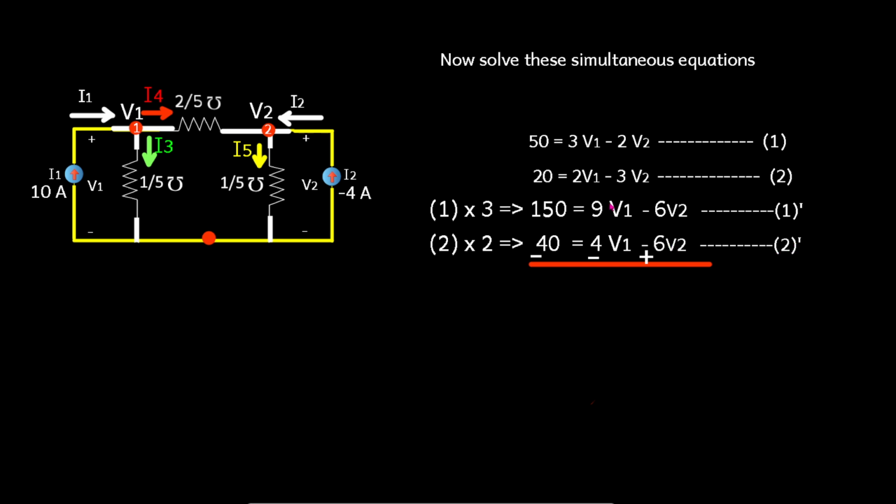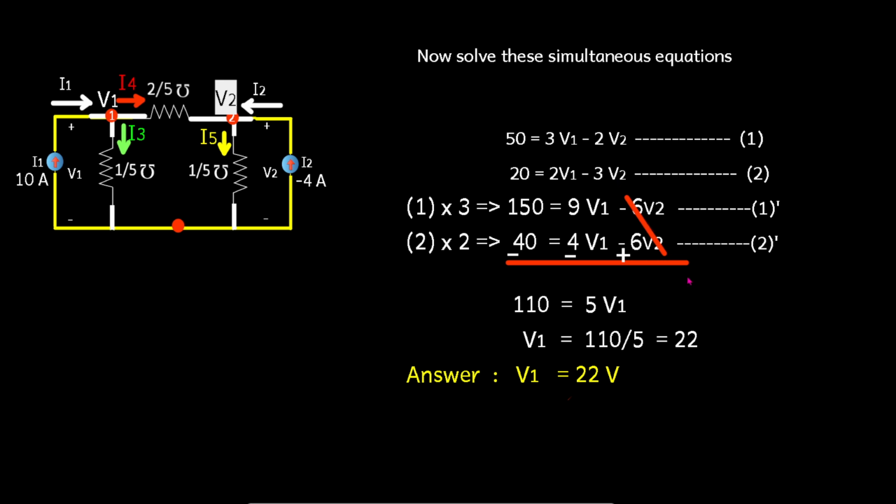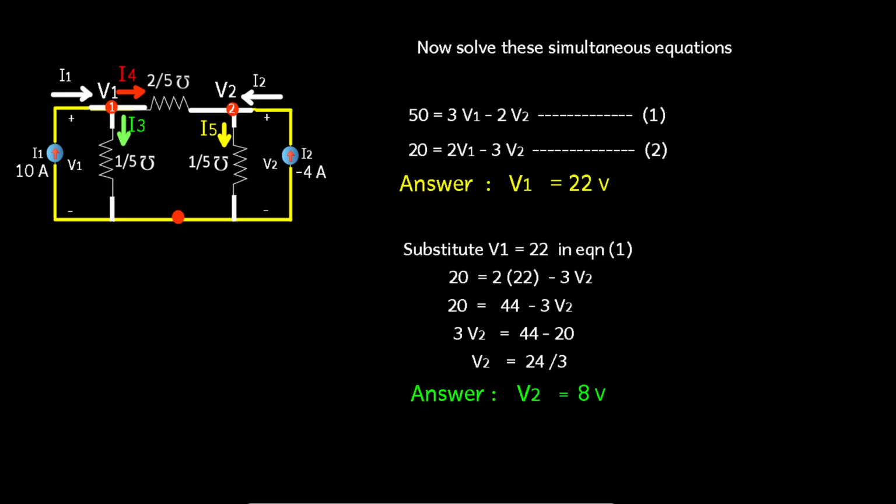We are going to solve this by subtracting the second prime from the first prime. So the 6V2 and 6V2 get cancelled, and here you get 110 equal to 5V1. So V1 is equal to 110 by 5, that is 22 volts. So we got the first answer, V1 equal to 22 volts.